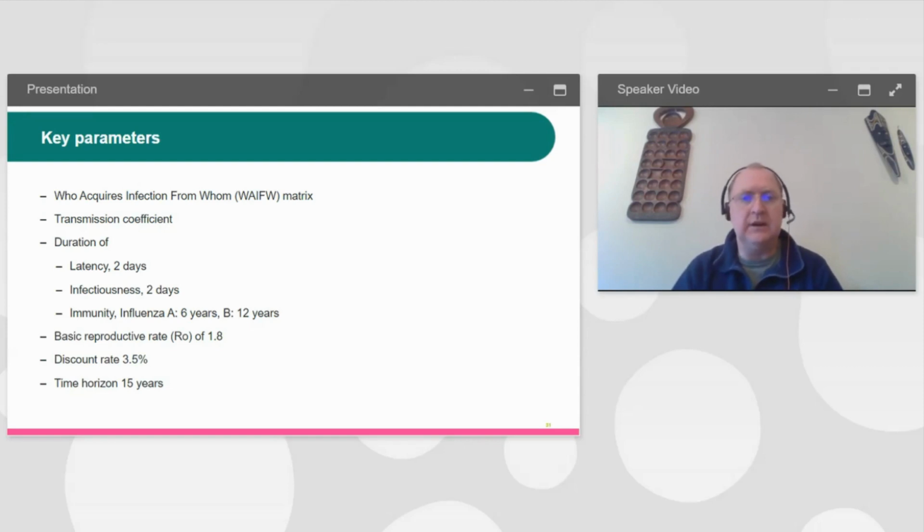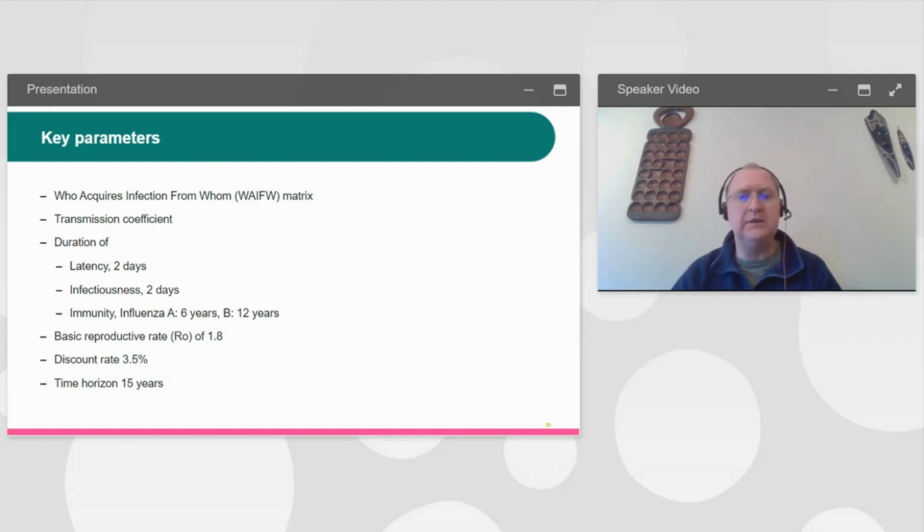We took into account the clinical details of infection: the time it takes from infection to becoming infectious, the latency, how infectious, the duration of infectiousness, and once you'd recovered, the duration of immunity and how that waned over time.